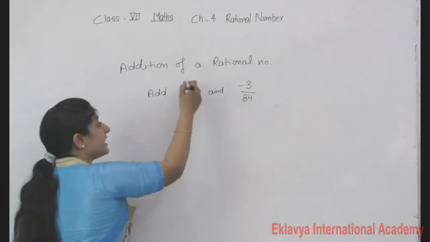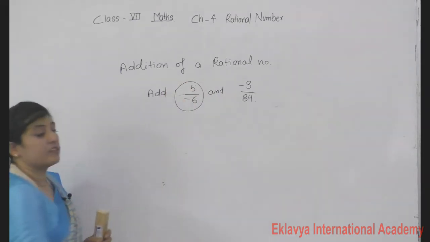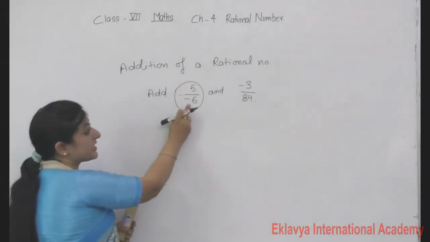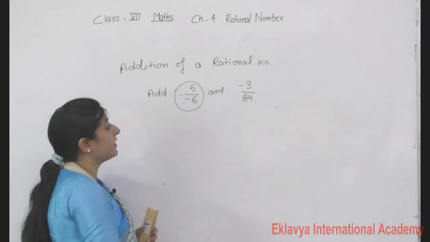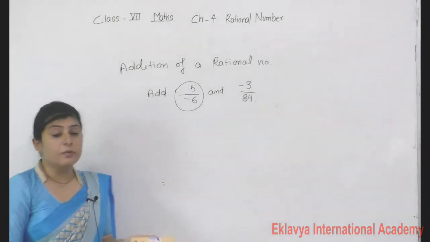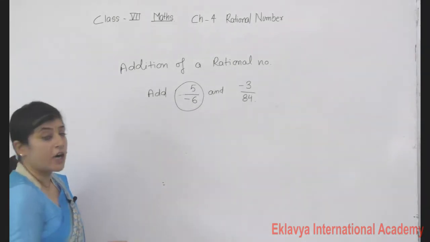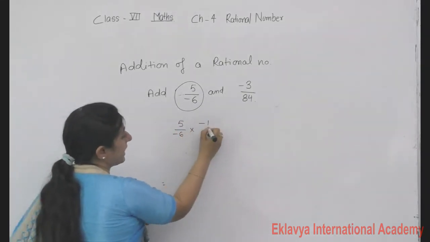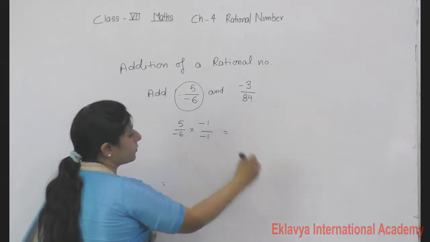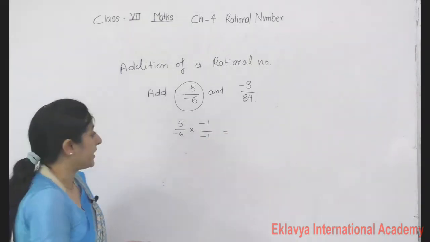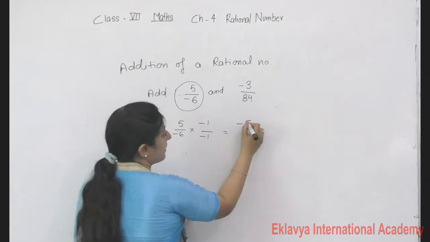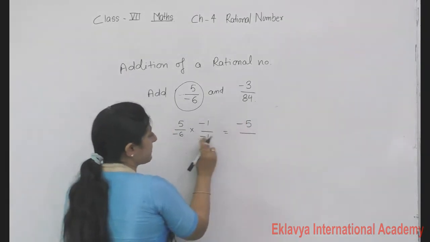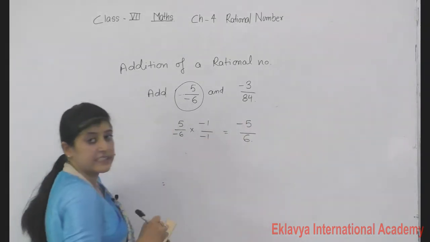In the first rational number, the denominator is minus 6. So, firstly we make the denominator positive. How to make it positive? 5 by minus 6, it means we multiply both numerator and denominator by minus 1. Then 5 into minus 1 is minus 5, minus into minus is plus, divided by 6.